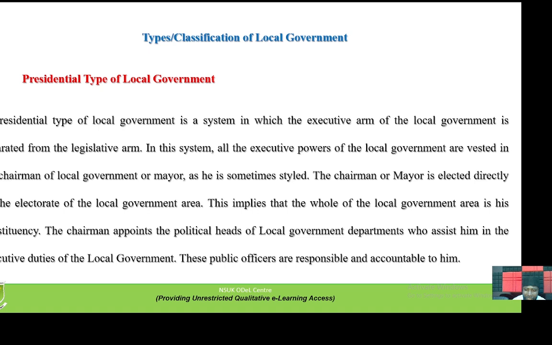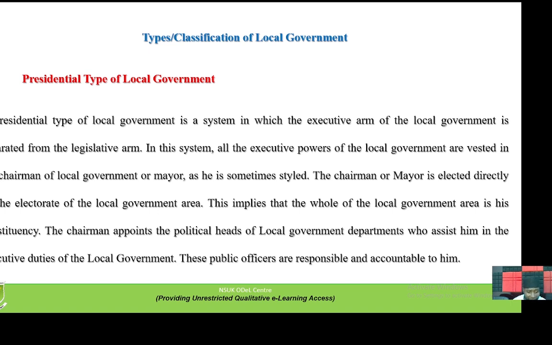In this system, the chairman or the mayor is elected directly by the electorate of the local government area. This implies that the whole of the local government area in his constituency voted and elected him to become the chairman of local government. The chairman is the chief political leader and at the same time the chief administrative officer, saddled with the responsibility of having the executive power to manage the affairs of the local government.